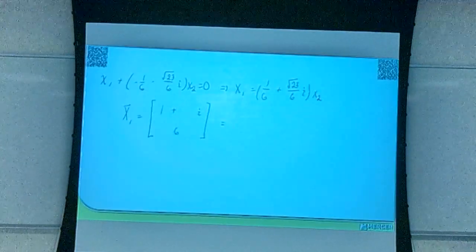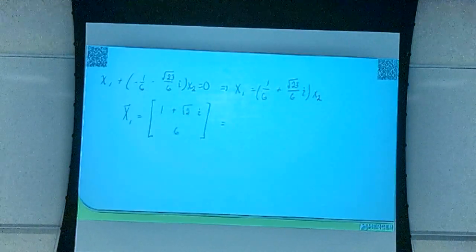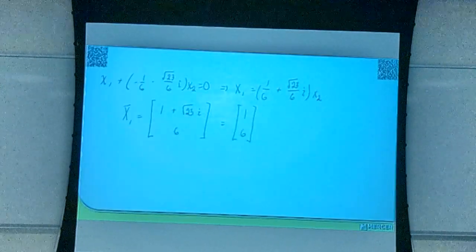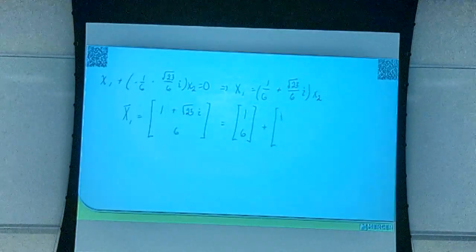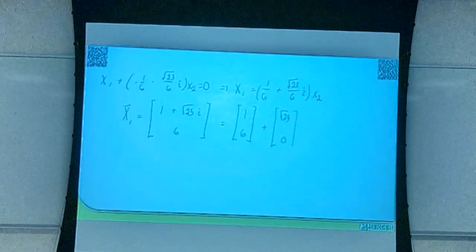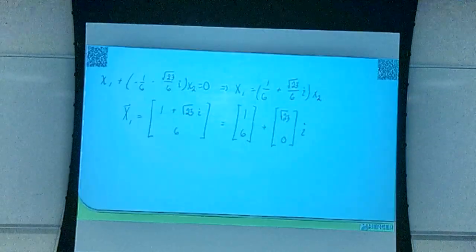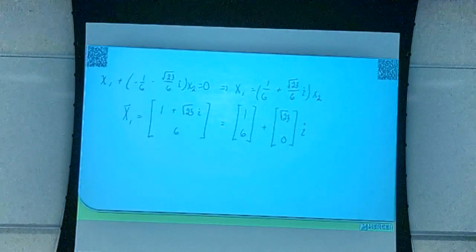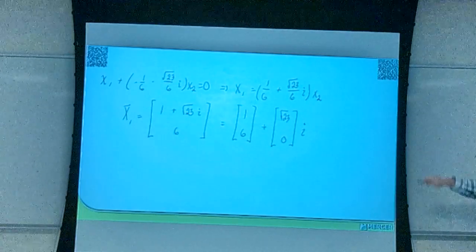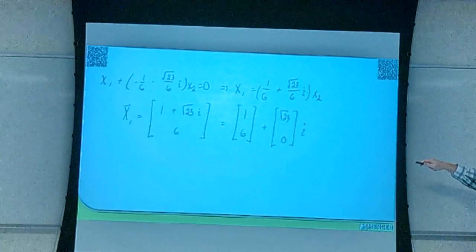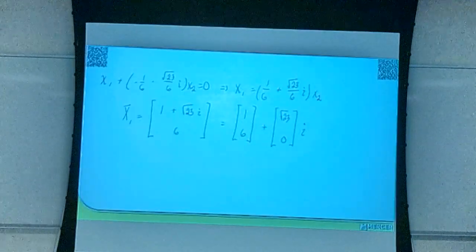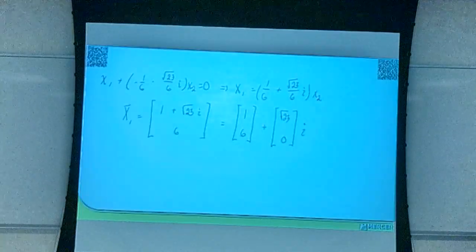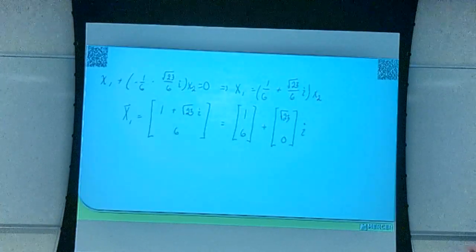Make my life better. That'll be the eigenvector. Which for our purposes, we're not going to want to keep in i. We'll convert this, when we find the second eigenvector, to real-valued vectors later. And that'll be done when I actually look at the solutions. For now, that's fine.